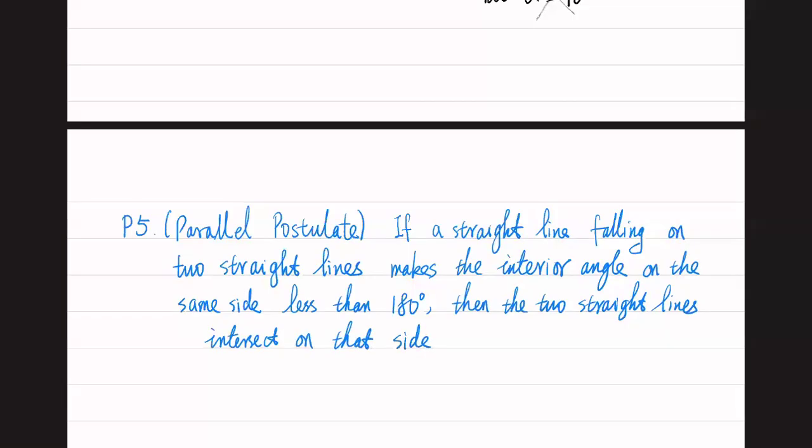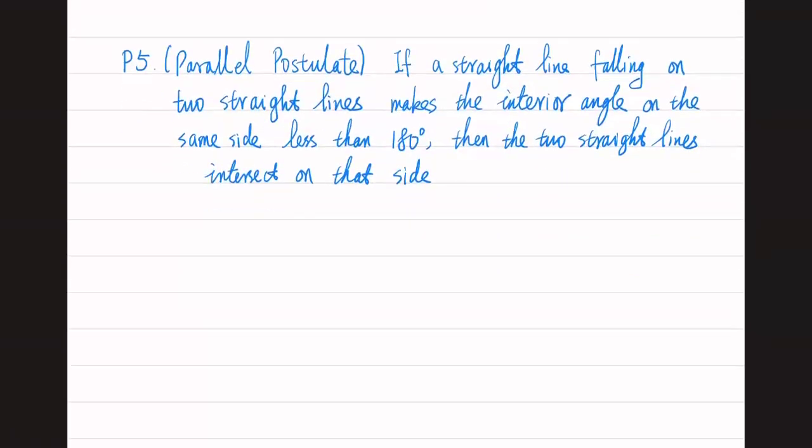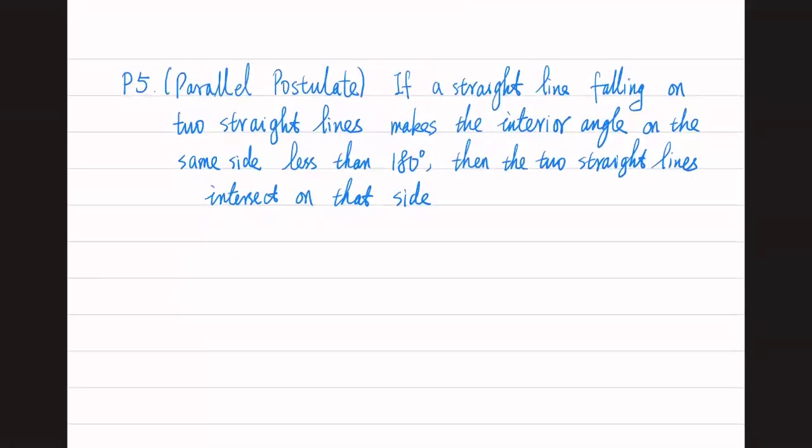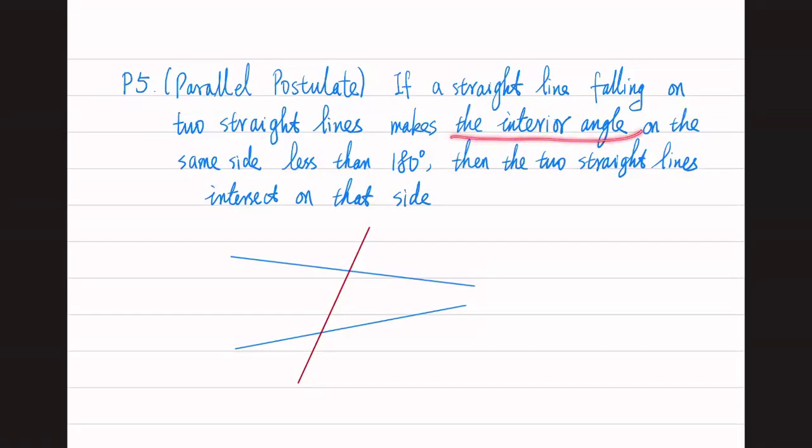Okay, a little bit long, so what it means. We have two straight lines. Draw two straight lines. Now consider another straight line falling onto them. Now we check the two interior angles.